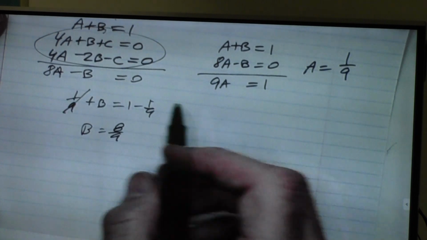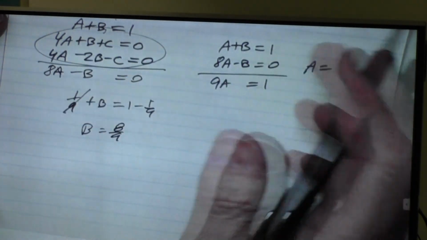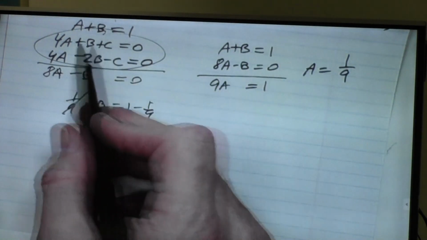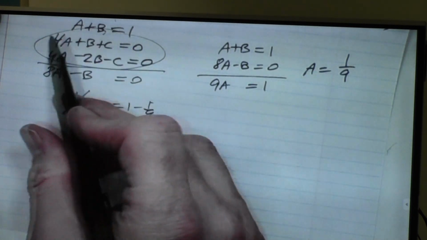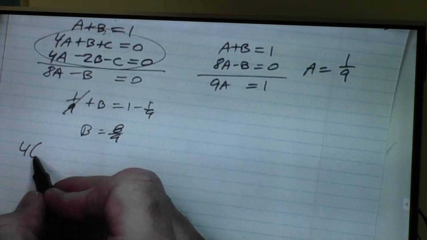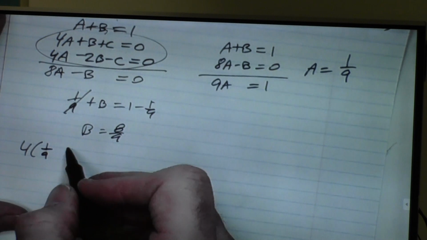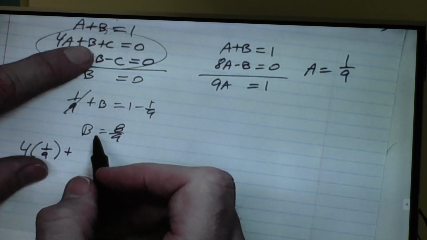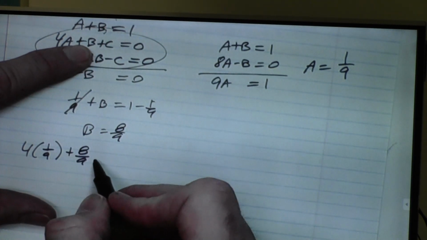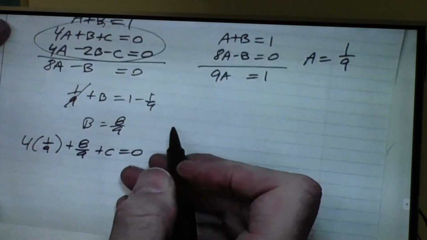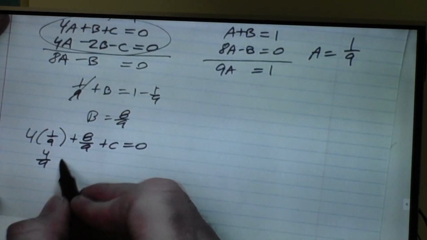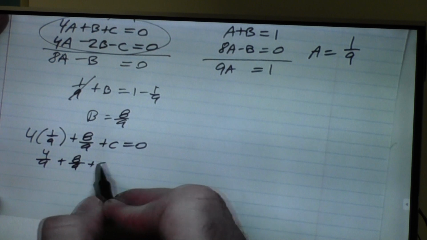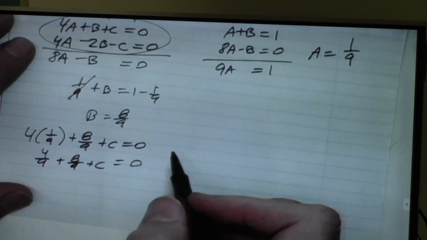And then I want to do c. Well, I can use one of these. It looks like what's the easiest. I guess I might as well just use this one. Doesn't really matter. 4 times 1/9 plus that b, 8 over 9, plus c is equal to 0. 4 over 9 plus 8 over 9 plus c is equal to 0.